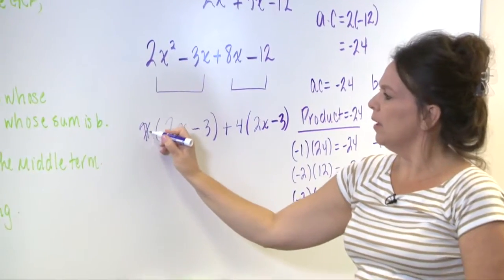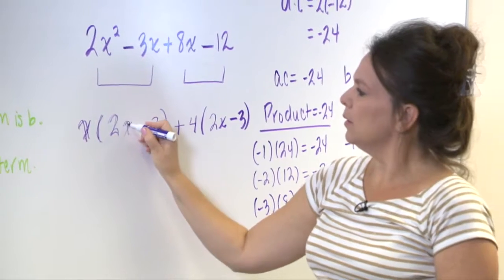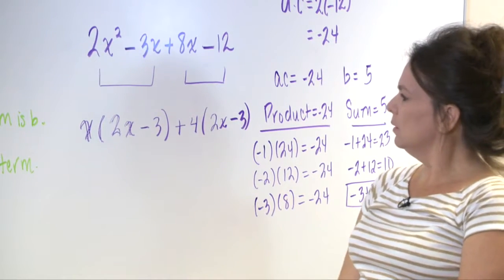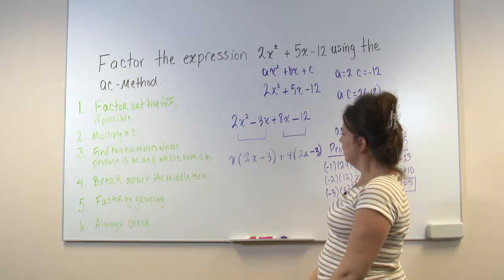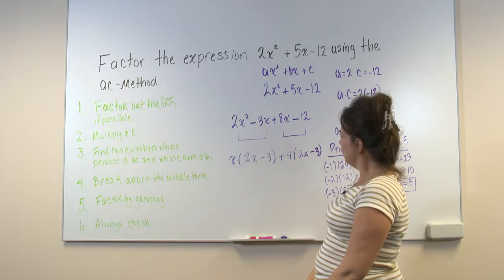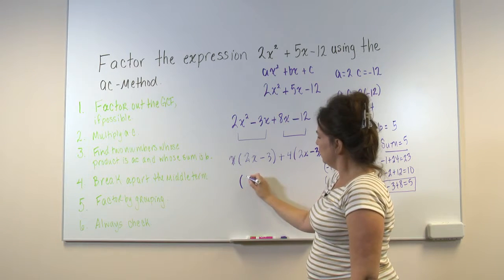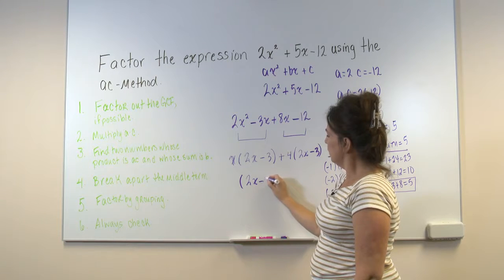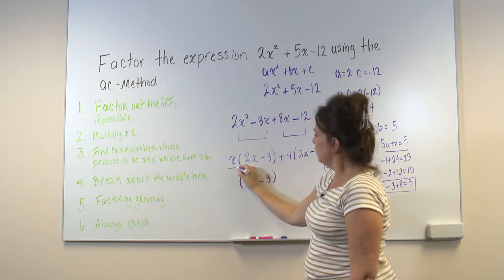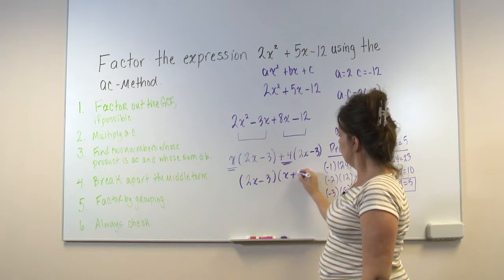And so we have x multiplied by 2x minus 3 plus 4 times the quantity 2x minus 3. We have a common binomial here of 2x minus 3. So what I would now like to do is write down the common binomial of 2x minus 3 times the remaining terms of x plus 4.